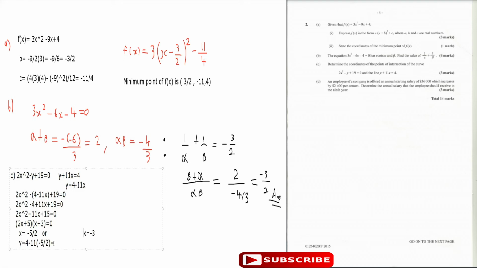So let's plug in and see what we get. 4 minus 11 times negative 5 over 2. I'm getting 63 over 2.